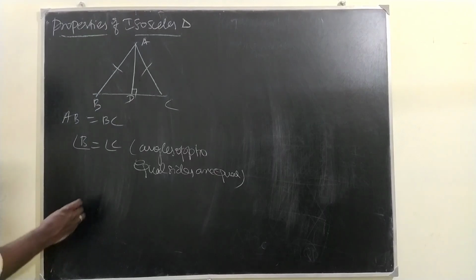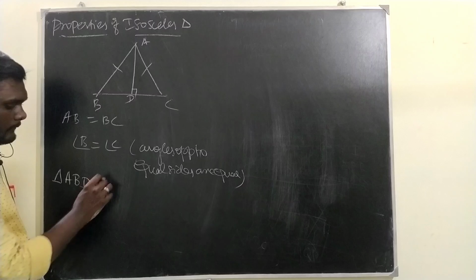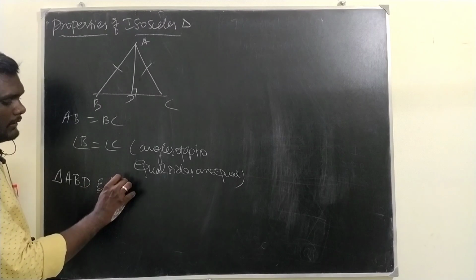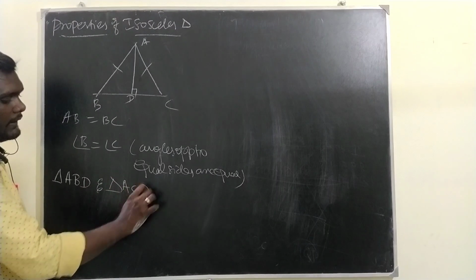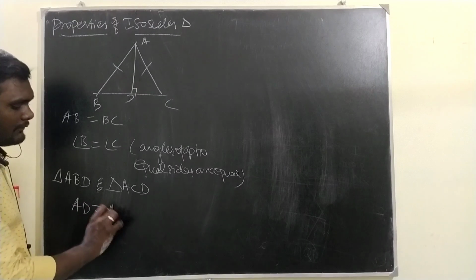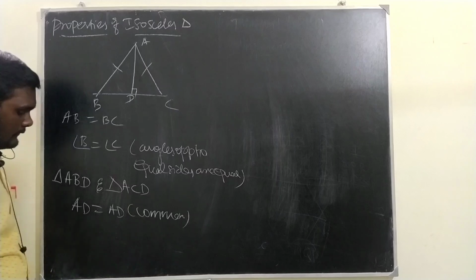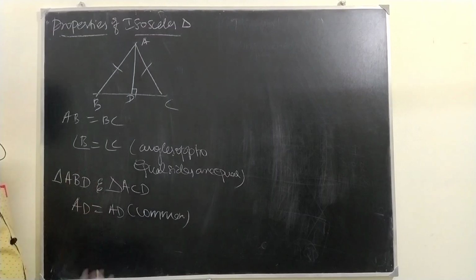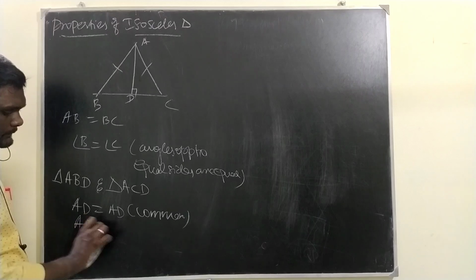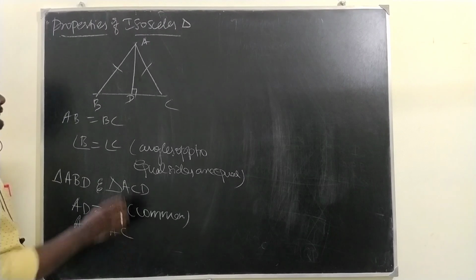Then in these two triangles ABD and ACD, list out the common things. We have AD is equal to AD, that is common, and the other one, what is that? AB is equal to AC. You see here?